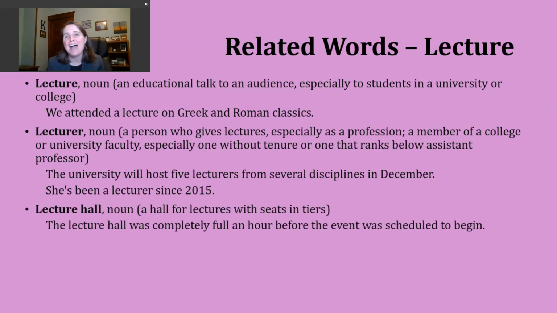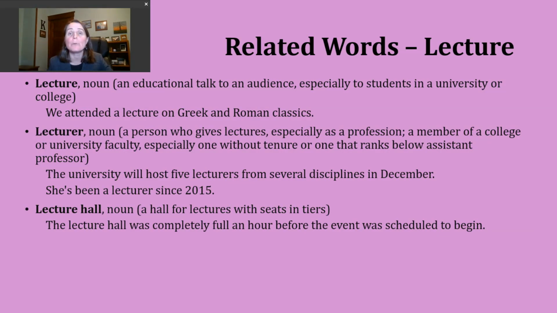Now, the last noun we'll discuss today is a lecture hall. It is a particular room or space for lectures, and generally it's going to have tiered seating. So it's not all one level, and it's usually able to accommodate many more people than what others think of as kind of a typical classroom.